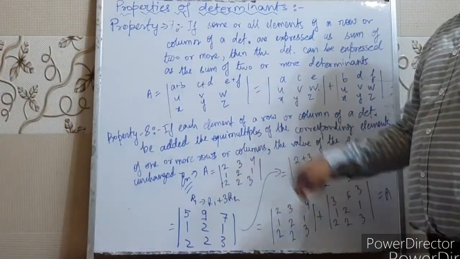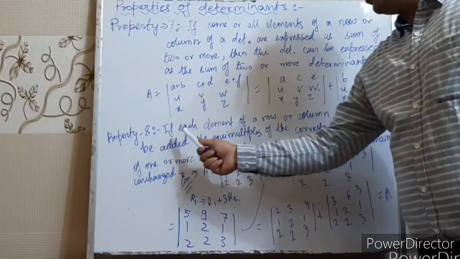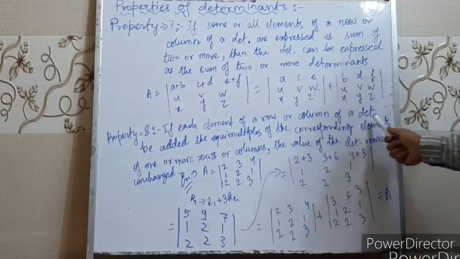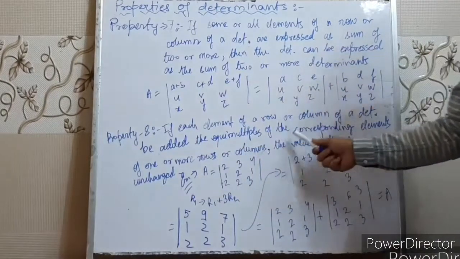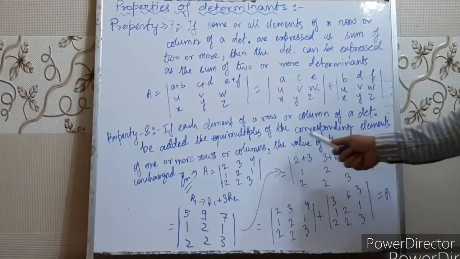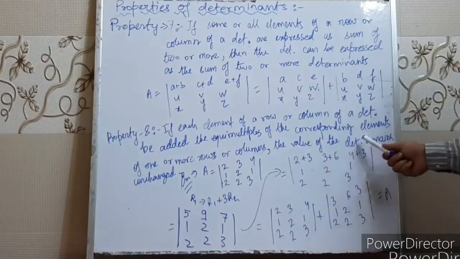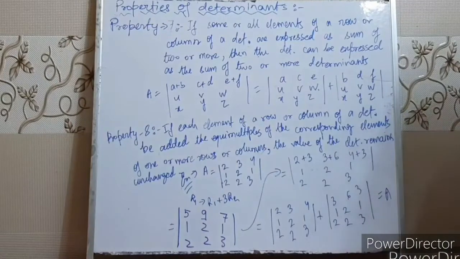Next, property 8 states that if each element of a row or column of a determinant is added with the equi-multiple of the corresponding element of 1 or more rows or columns, the value of the determinant remains unchanged. What does this mean?